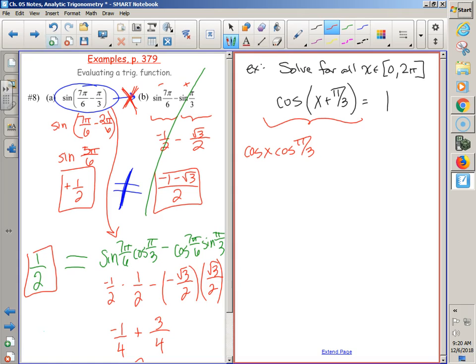Cosine, the signs change. Sine. That didn't help anything. Didn't it? Don't you know cosine of pi over 3? 1, 2, 3, 3, 2, 1.